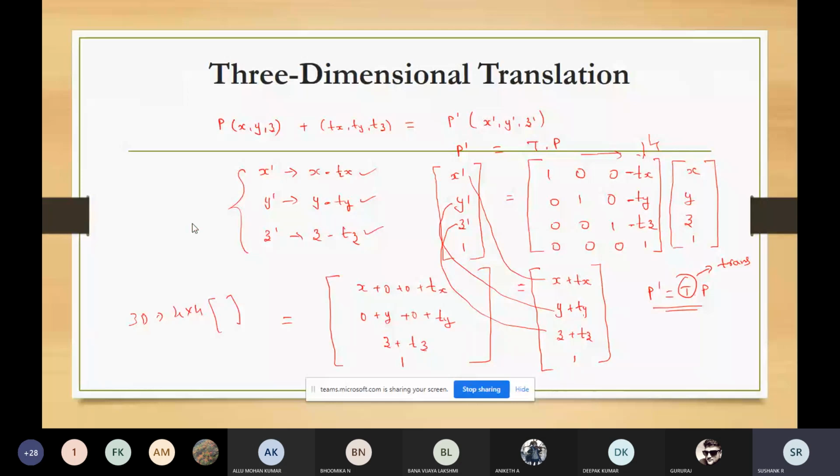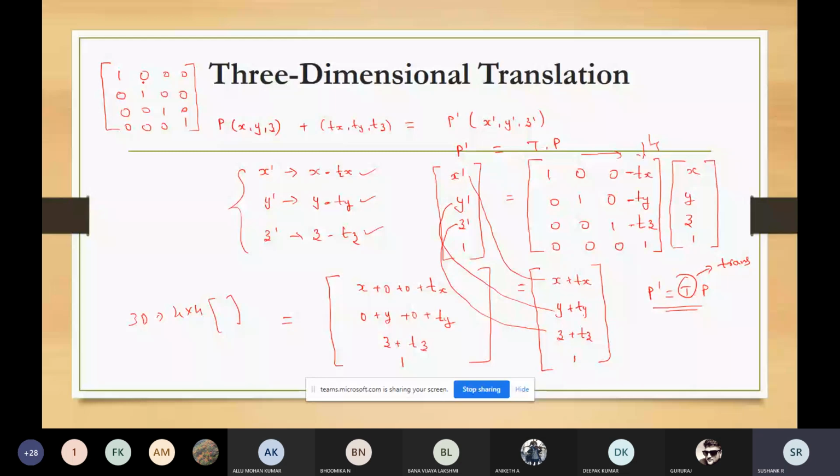First, you define a 4 cross 4 matrix, and for this matrix, load the diagonals with 1. I mean, create the identity matrix. It will be like this. So this is the identity matrix.